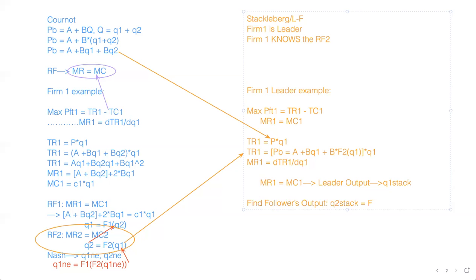It's going to be F2 of Q1 Stack. Okay. So that's the relationship between Cournot and Stackelberg.